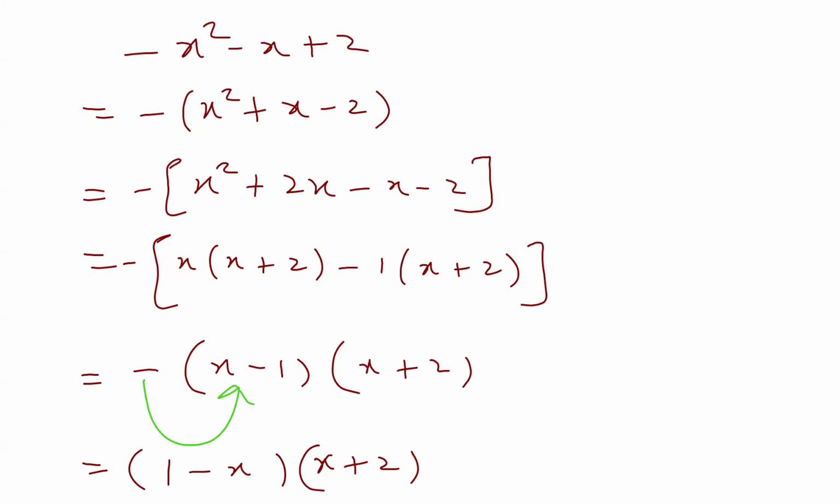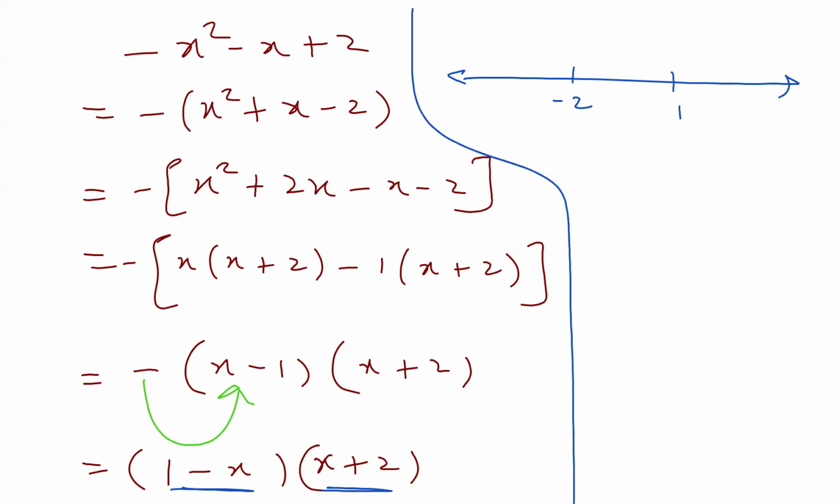Now I'll teach something which is somewhat familiar for all of you. Okay, so critical values: equate each and every bracket to 0. Critical values minus 2 and 1. Clear? Did you understand?